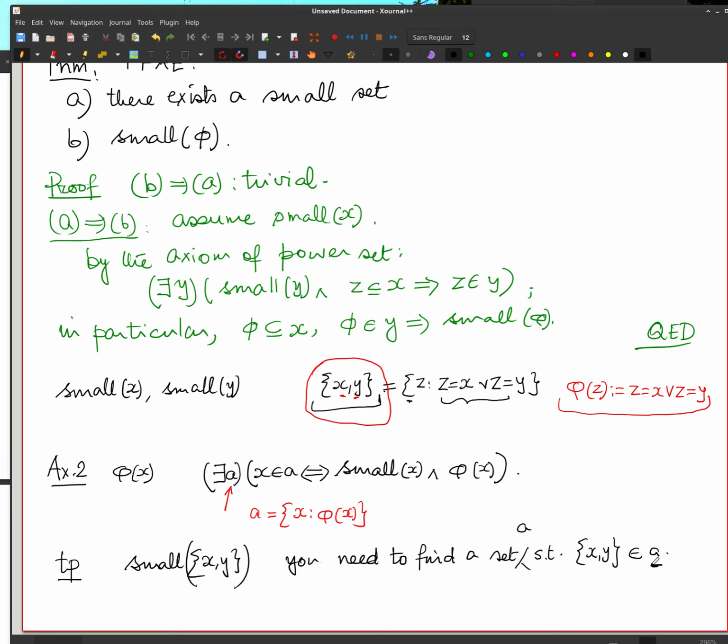What are the possible candidates for A? Think very naively. I have two elements. I want to make the set of those two elements X and Y, and then I want to find a set A which will contain this X and this set X and Y. What would you think?